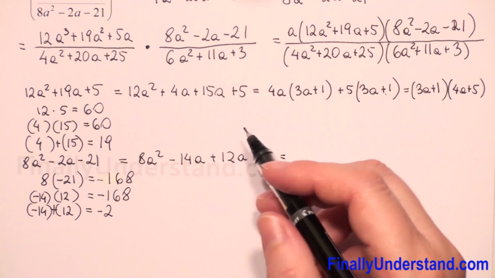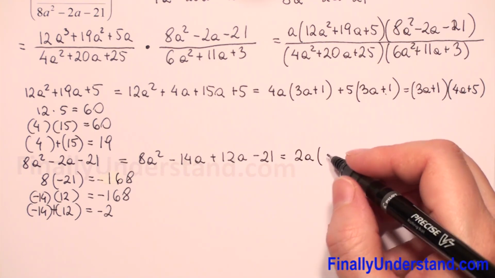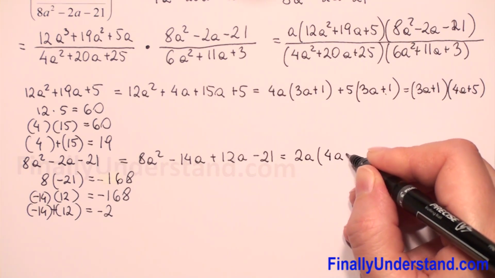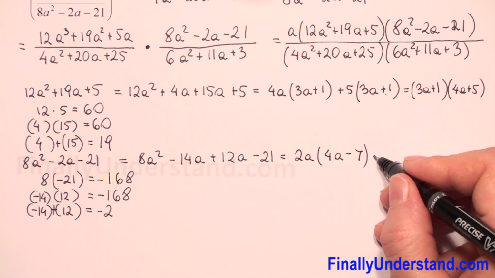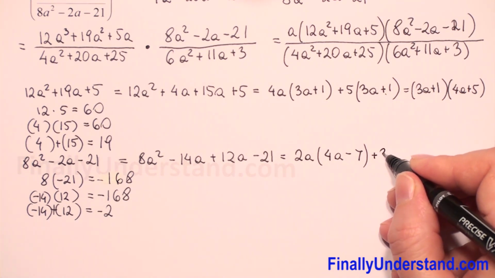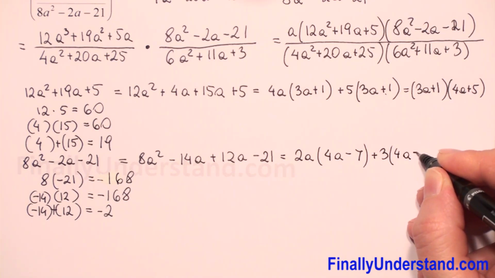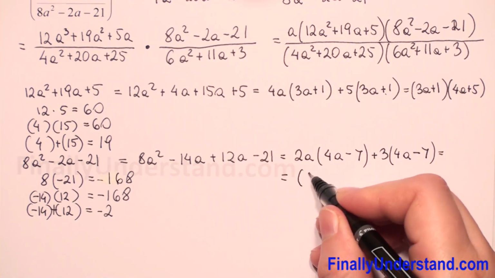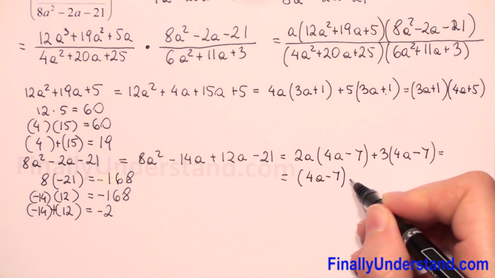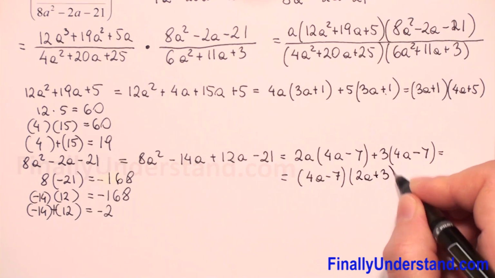From the first two terms we can factorize 2a, and in parentheses we will have 4a minus 7, and from the last two we will factorize 3, so it will be 4a minus 7. So now we can factorize 4a minus 7, and in parentheses will be whatever is left. So we have 2a plus 3.